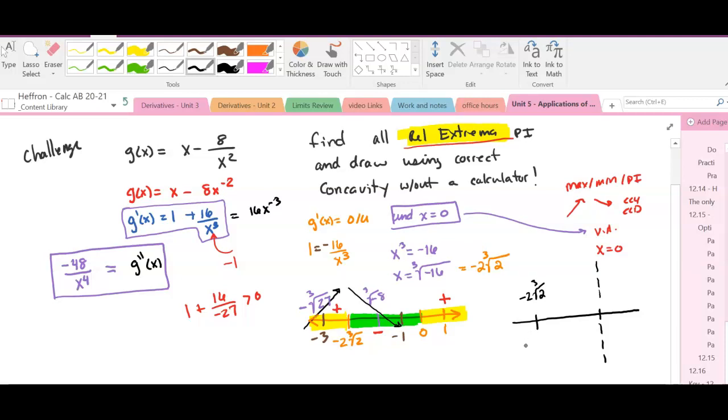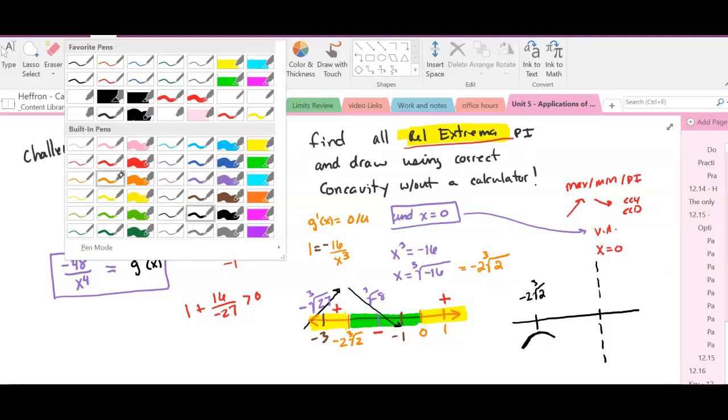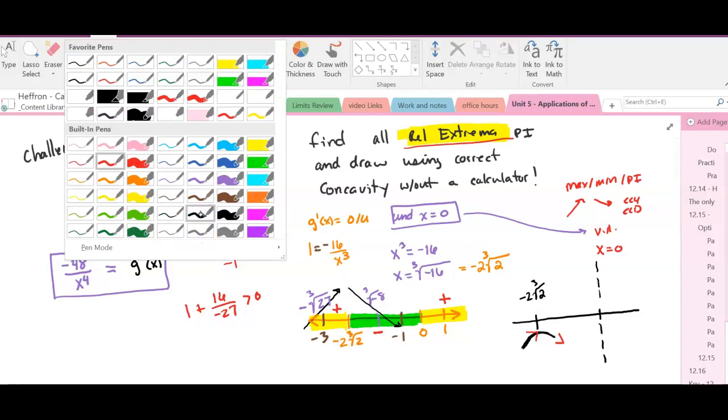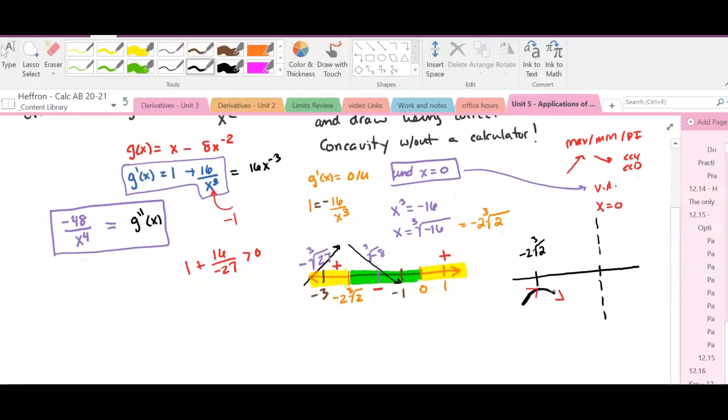So this must be a max. We don't know where the max is, but we know we have a max, and we know that our graph increases up to it and decreases down from it. So we will continue on and say, hey, I know I'm going to go down toward my vertical asymptote. And I know that I increase on the other side of my vertical asymptote, so I bet my graph looks like that. We can draw that much so far.